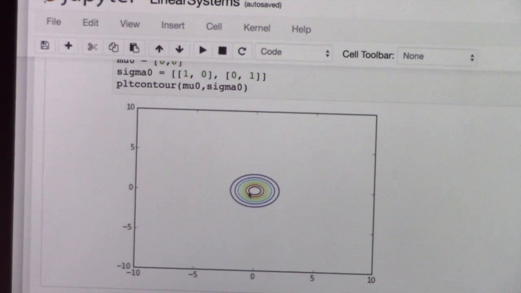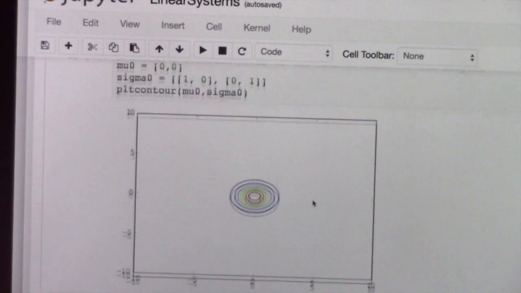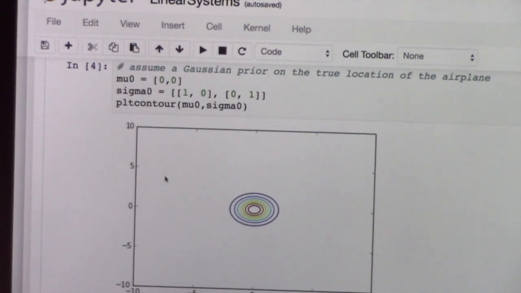These are what we call contours. Dark means that the probability is high here, and as you go farther away, the probability goes down. That's the standard Gaussian. So this is our current estimate.